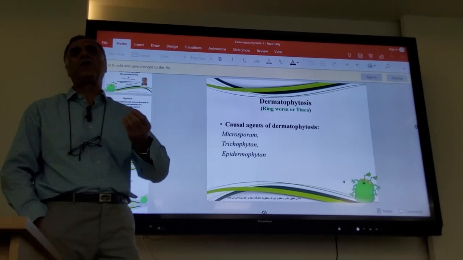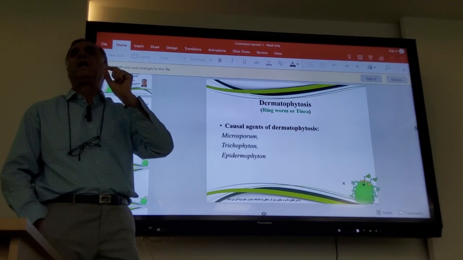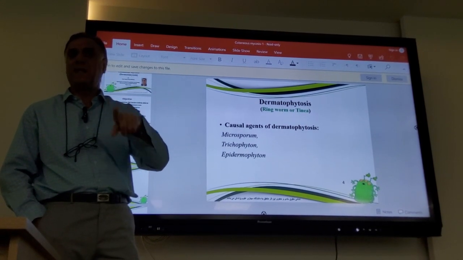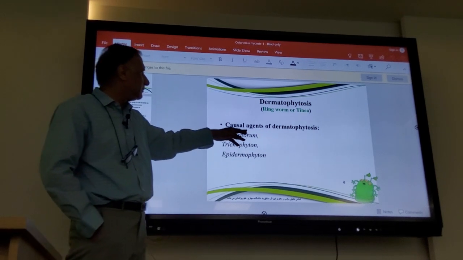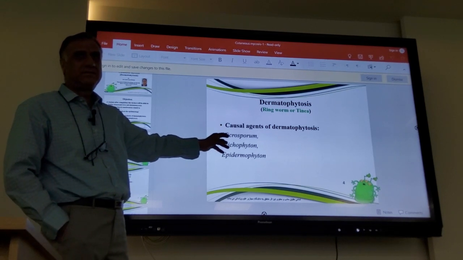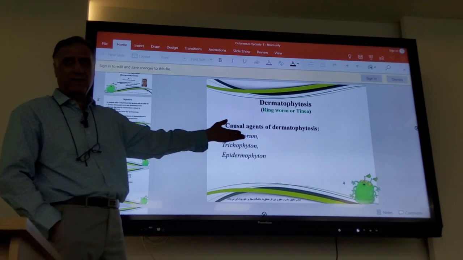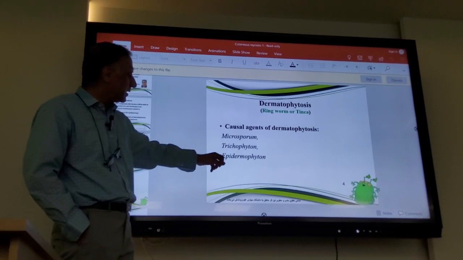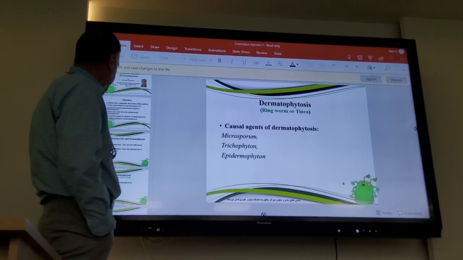Dermatophytes have three genera: Microsporum, Trichophyton, and Epidermophyton.